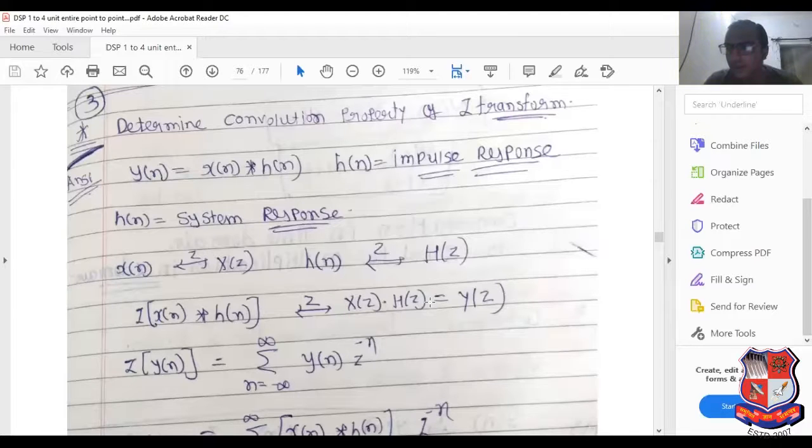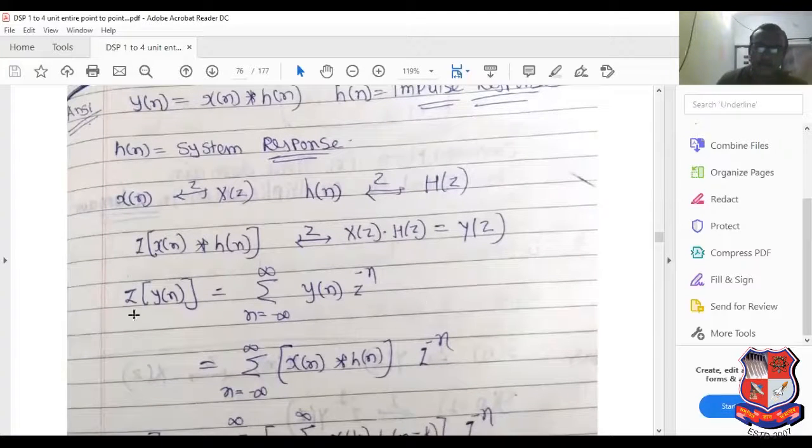If you apply a voltage to a washing machine, the response of the washing machine is known as the impulse response. And y of n means the output response. Now, what is the z transform of x of n? It is known as X of z. What is the z transform of h of n? It is known as H of z.